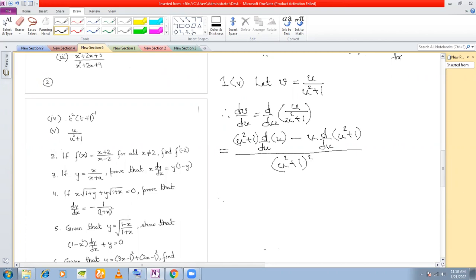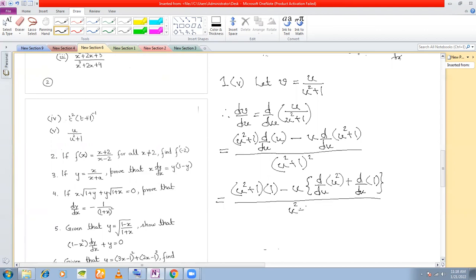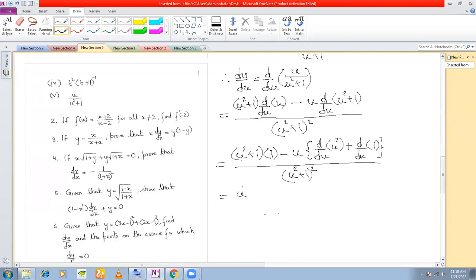Now this will become u square plus 1. ddu of u is simply 1, minus u into, here ddu of u square, you can distribute this differentiation over this polynomial. So you get ddu u square plus ddu 1, divided by u square plus 1 square.